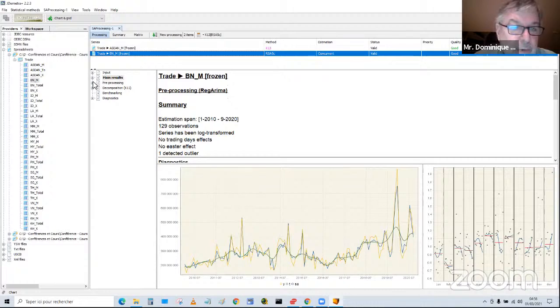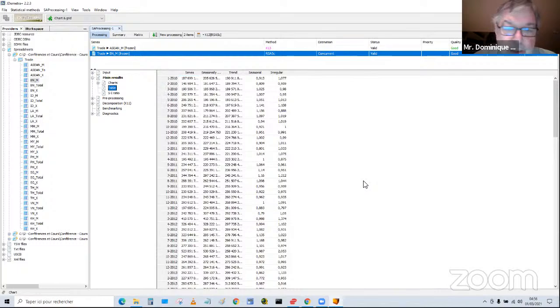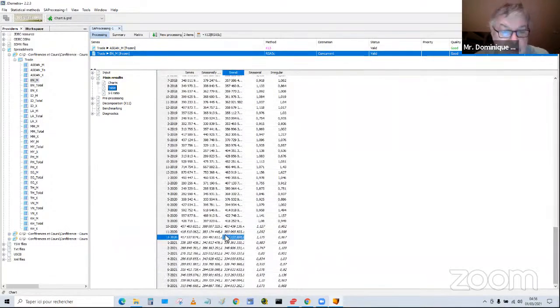And if you go to main results, to the table, you see that, for example, you have a forecast of the data. They might be wrong. It's not what I'm saying. It's just a forecast, and we are in a crisis, so the forecast could be not so good.